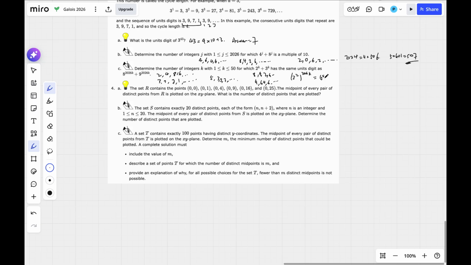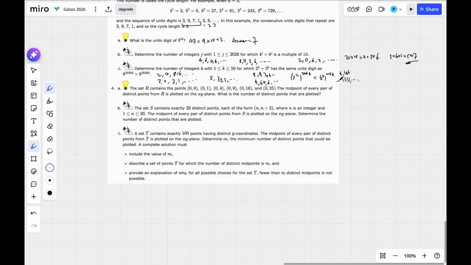For 9, it's slightly different because we can rewrite this as 3 to the power of 2 to the power of 2026k, which can be rewritten as 3 to the power of 4 to the power of 1013k. 3 to the power of 4 is 81, which has a unit digit of 1.